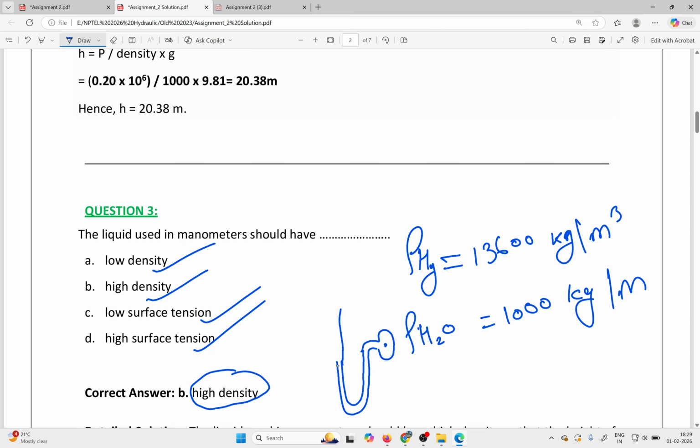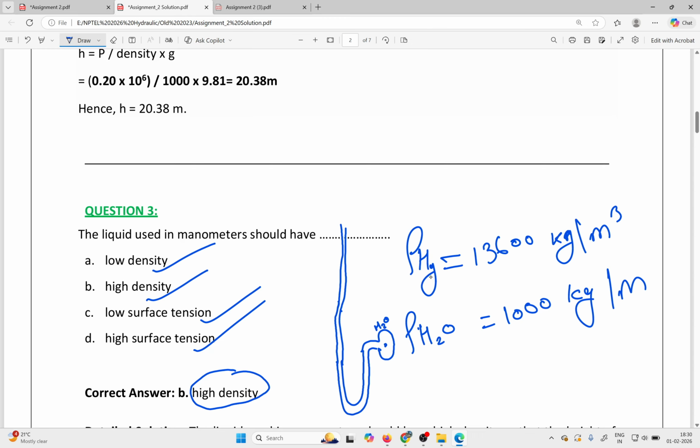If you use water, with the same density, the extent of your pipe needs to be very high because you have the same density. But when you use mercury, the density of mercury is very high compared to H2O. You can see it is 13.6 times more.